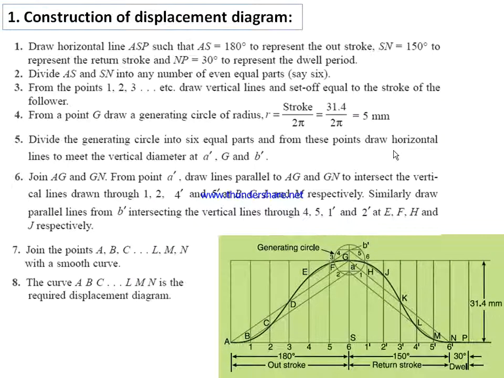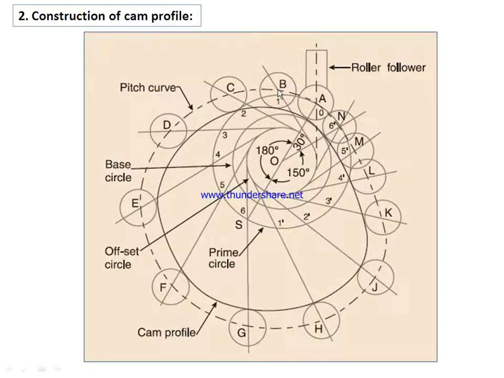this displacement diagram, and with these as centers B, C, D, E, F, G, H, J, K, and with radius as the radius of the roller, draw circles through each of the centers. Then draw a curve such that it is tangent to all these circles, and you will get the profile of the cam.